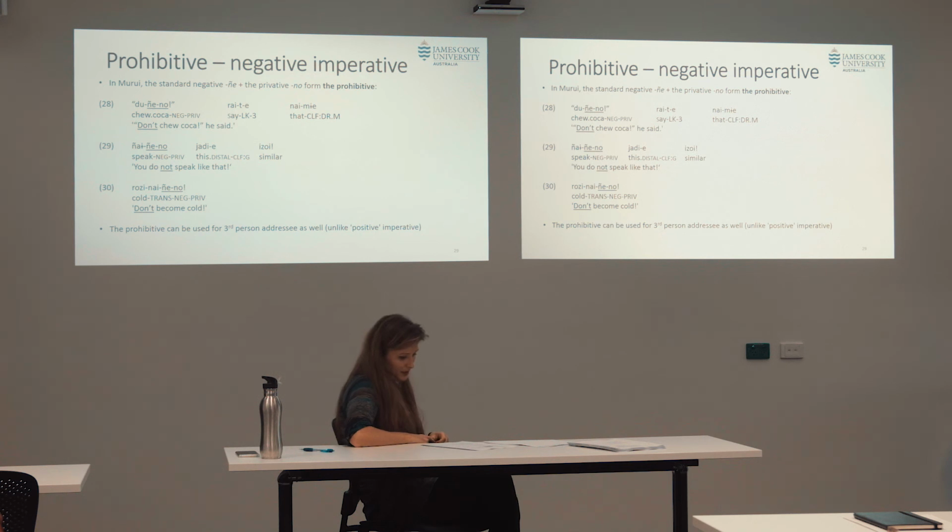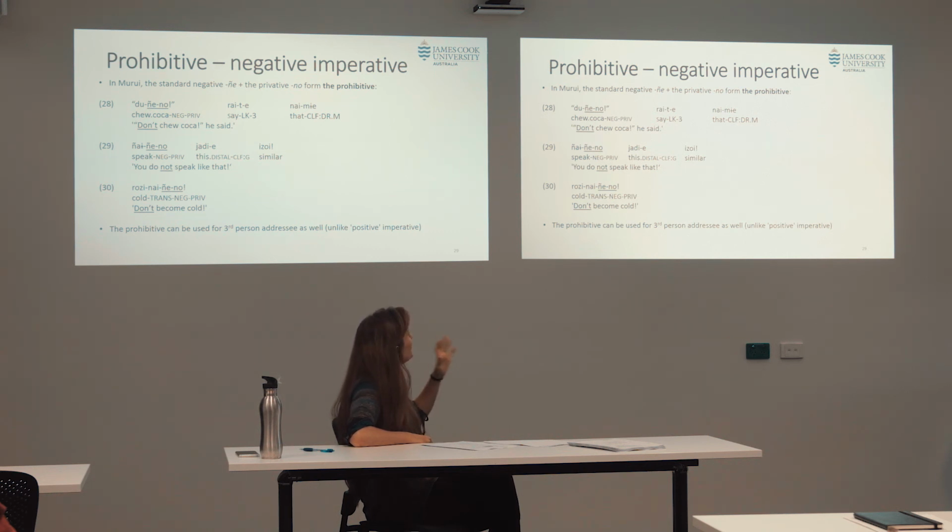So now, if we look at the prohibitive in Murui, we can form it by the standard negative nie plus the privative no. So we have those examples in 28, 29, and 30. You have "du nie no rajte," don't chew it, he said. Then in 29 you have "nial nie no hadje isoj," do not speak like this.